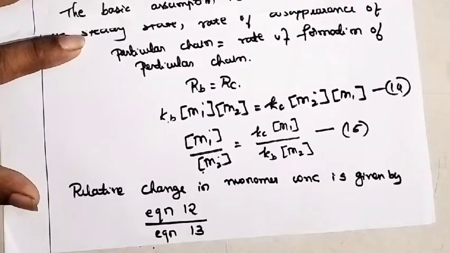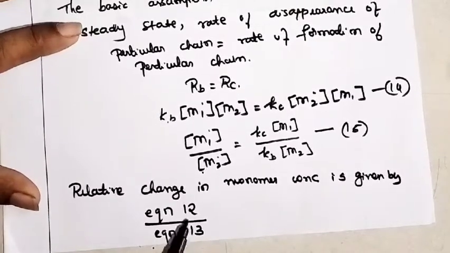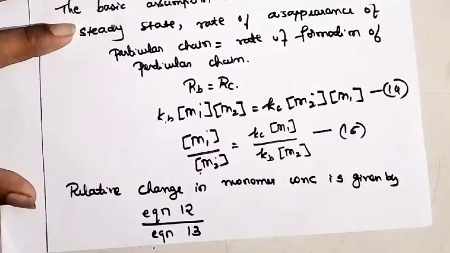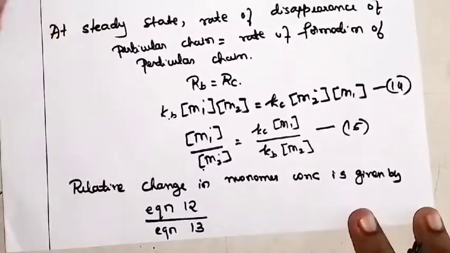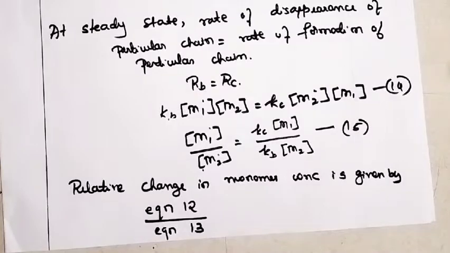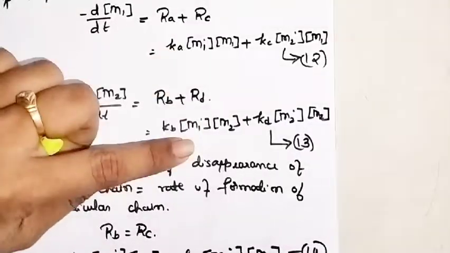Where is our equation 12? See, and divide that by equation number 13. So here we have equation number 12, this is equation number 13.